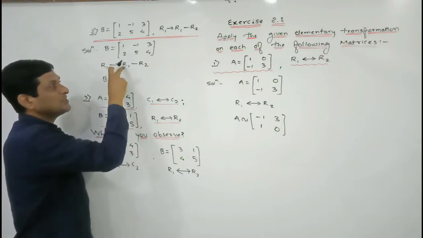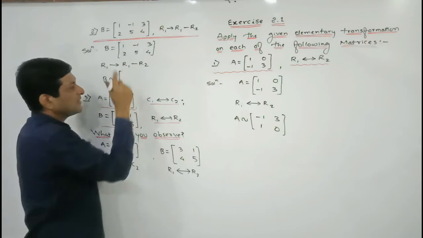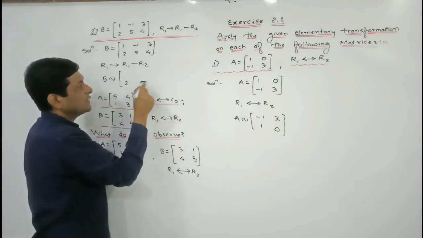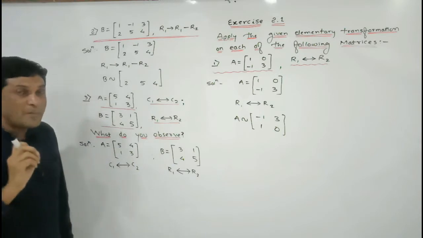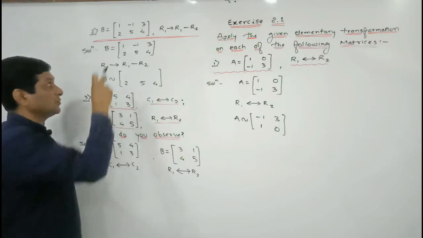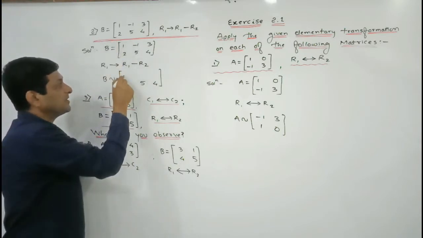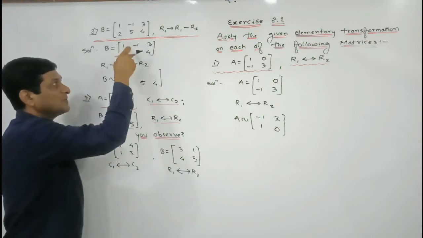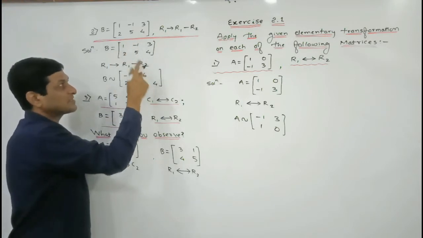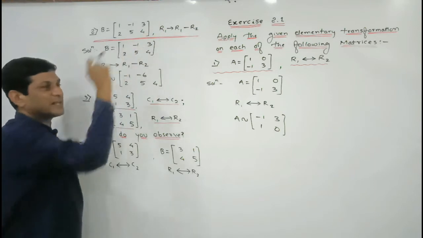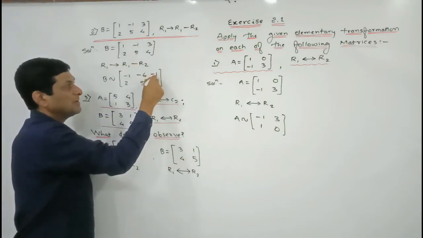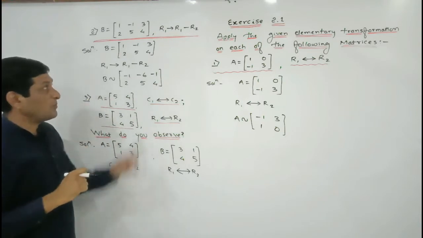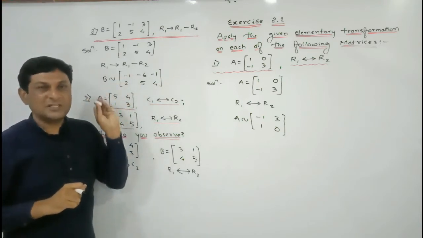Now our operation is on R1. So keep the element of R2. We are not disturbing element of R2 because operation is on element of R1. And from R1 we have to subtract R2. So 1 minus 2 will be equal to -1. -1 minus 5 will be equal to -6. We are just simply subtracting R2 from R1. So here 3 minus 4 will be equal to -1. In this way we have performed this operation on the given matrix.